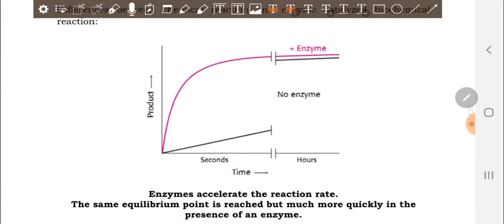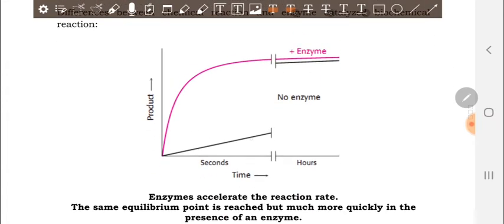And this is the example between chemical catalysis and enzyme catalysis. You can see here the black line. This line indicates the chemical catalysis, and this pink line is the enzyme-mediated catalysis. You can see the difference. This is the formation of the product, so the y axis is the product, and the x axis is the time, in seconds or hours.